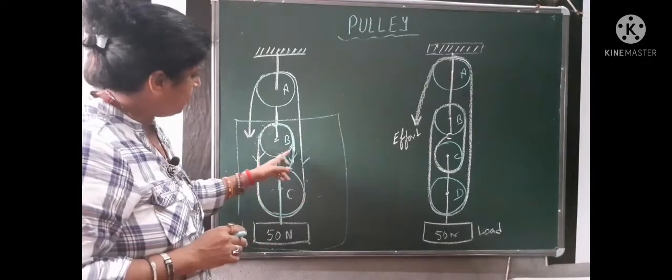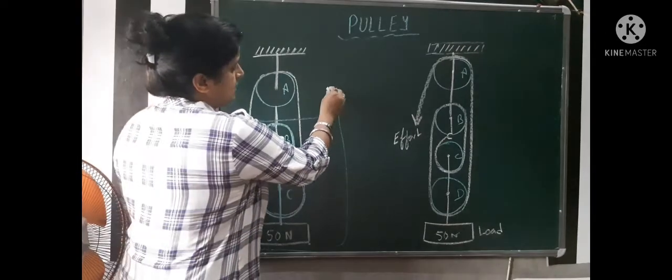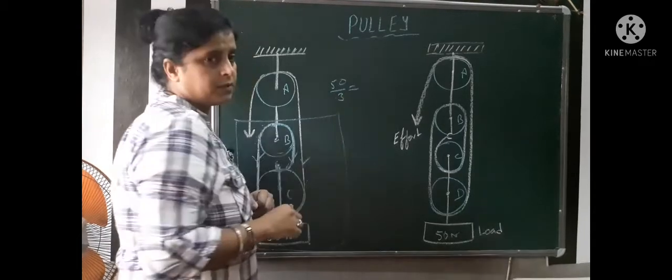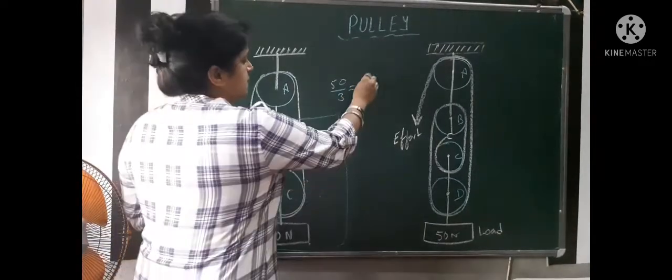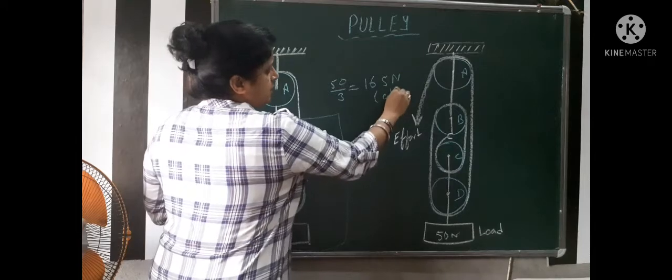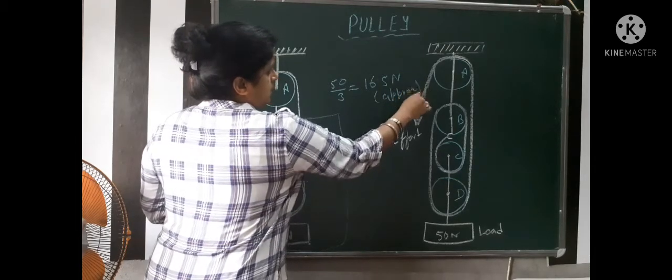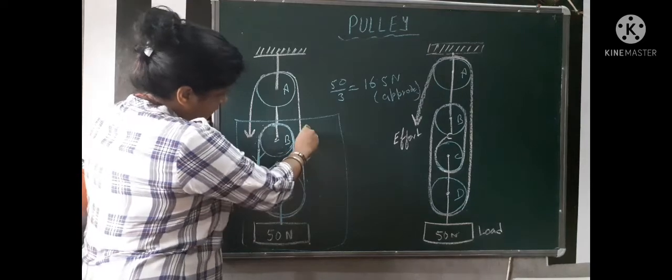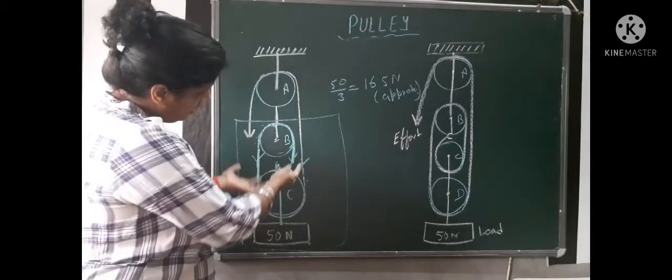So on each rope the force of tension is what? That is 50 by 3. It means it is near about 16.5 Newton approximately.